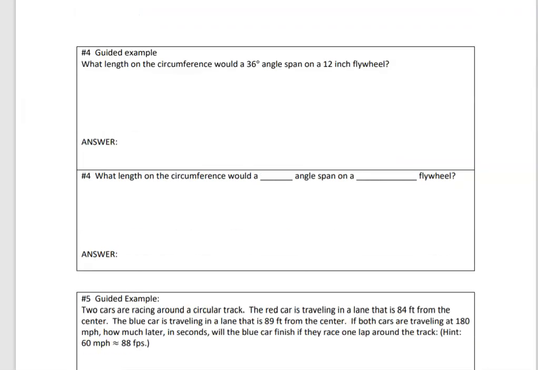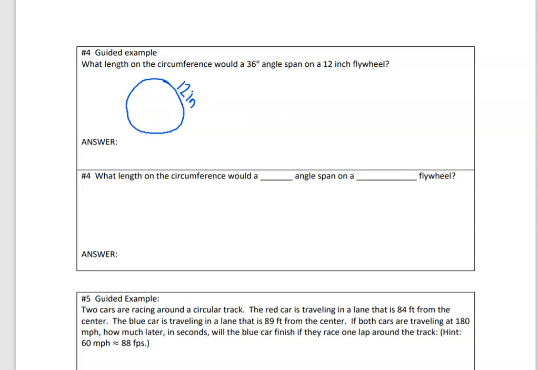Number 4 says, what length on the circumference would a 36-degree angle span on a 12-inch flywheel be? Well, here's what I know, that the total distance all the way around this flywheel is 12 inches.